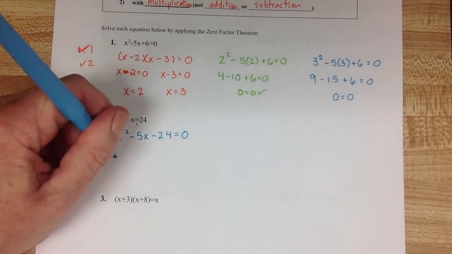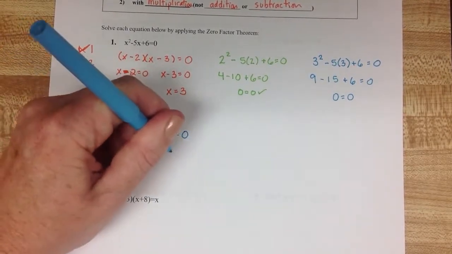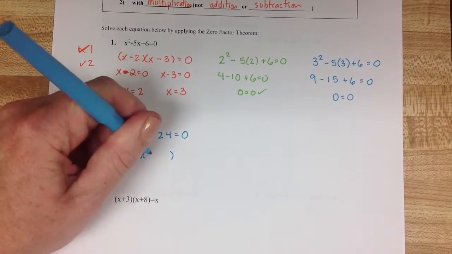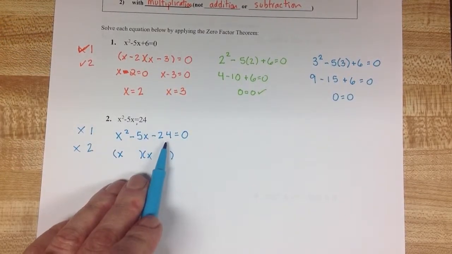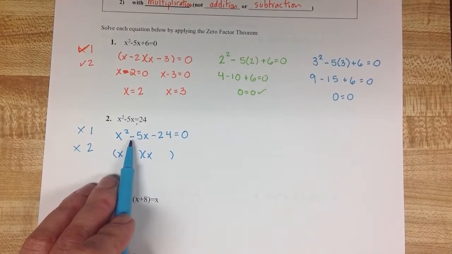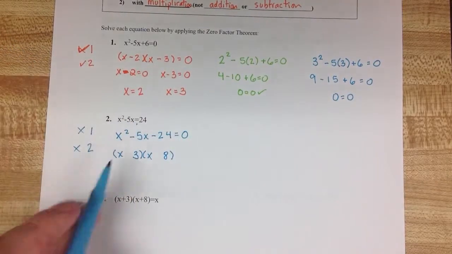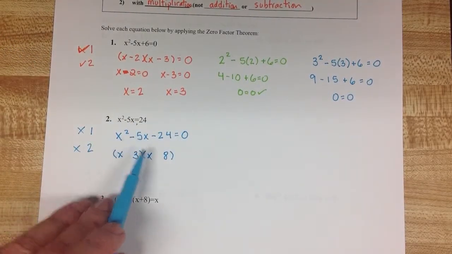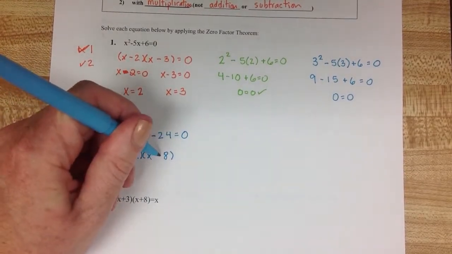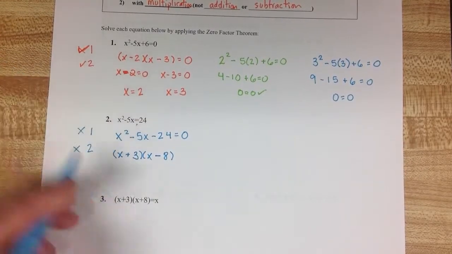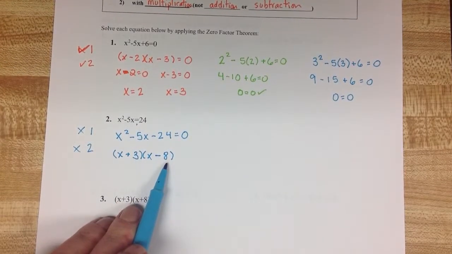And I'm looking for factors of negative 24 that when added together would equal a negative 5. So those two factors are going to be a 3 and an 8. And since I want my sum to be negative, I need to make my bigger number the negative one. So multiplying 3 times 8, I would get 24.